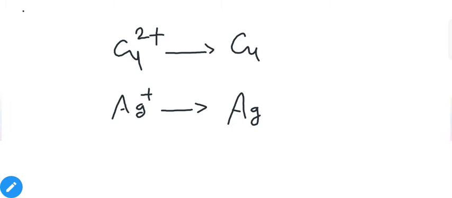Which of these two will accept electrons strongly? If silver accepts electrons strongly, then it will reduce and copper will remain as an ion, or if copper attracts electrons strongly, then it will reduce and silver will remain as Ag+ ion. So let us place the values of each. The reduction potential of copper, as we know, is 0.34 and the reduction potential of silver is 0.80.